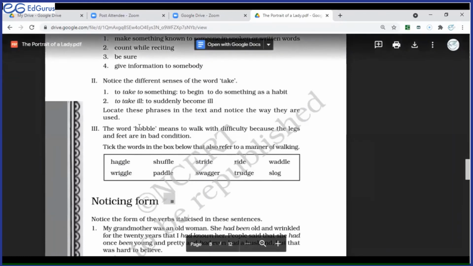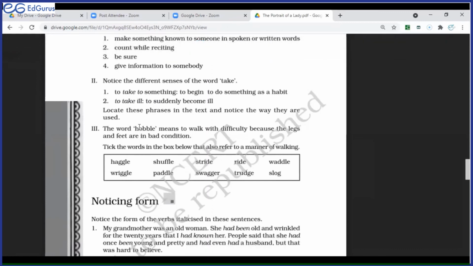Now, the third exercise, very interesting. Just as you find that there are different meanings of tell, similarly, for one particular action, there are different kinds of words. The word hobble has been used by the author. When he describes grandmother's activity, he said that she would hobble around, right?